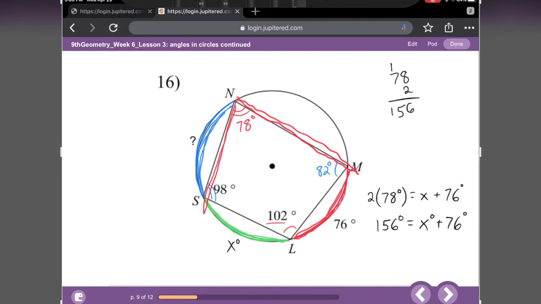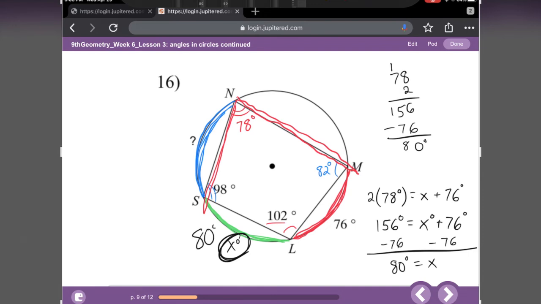Now 156 minus 76 is 80. So x is 80 degrees. I've just figured out what this one is. I figured out that this is 80 degrees, so I'll replace that there. But we still need to figure out what this blue arc here is equal to.